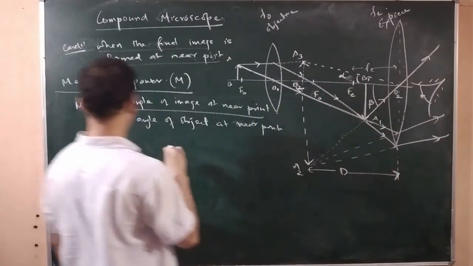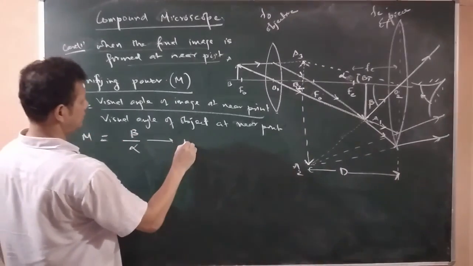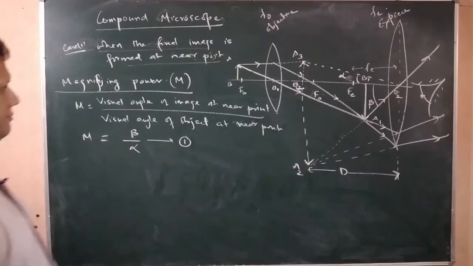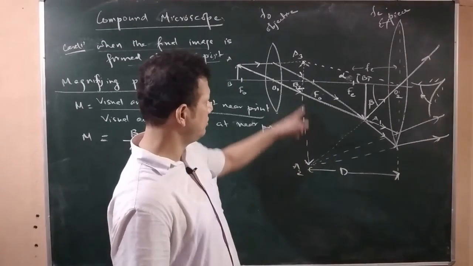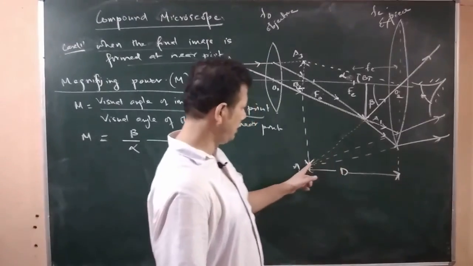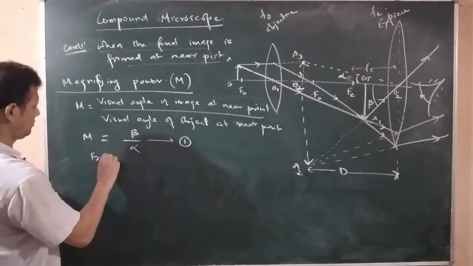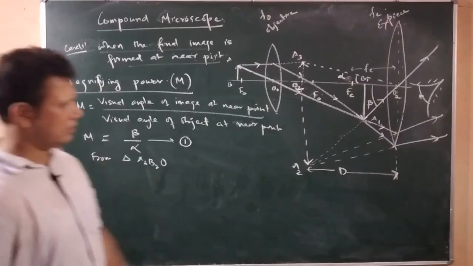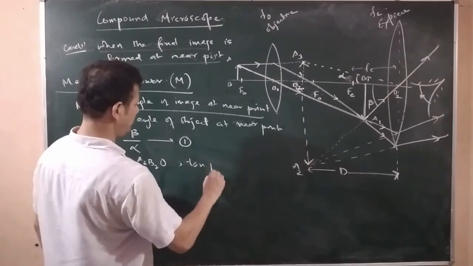So m is equal to beta by alpha, equation number 1. We have to find out alpha by beta geometrically. First, to find beta, we take a right angle triangle A2 B2 O2. From triangle A2 B2 O2 you find out tan beta.